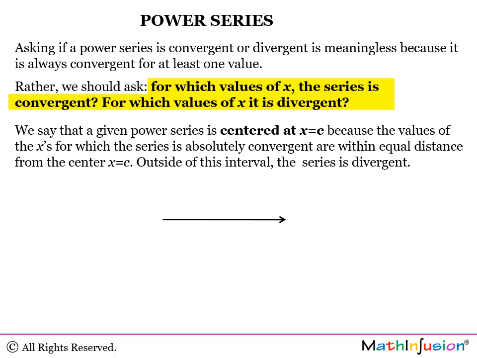Let's see. Here is the x-axis, and here is the center of the series x equals c. We are drawing a circle that is centered at c. This is the radius.